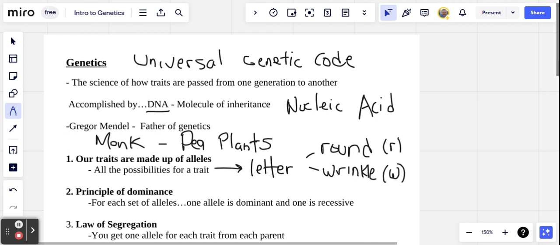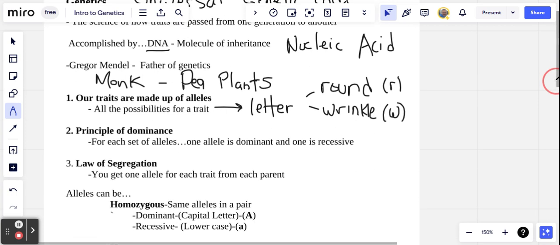We're going to talk about the next one here, and that's the principle of dominance. So for each set of alleles, one allele is dominant and one is recessive. There's lots of different little traits. Tongue rolling is one of them, and some people can roll their tongue and some people cannot.